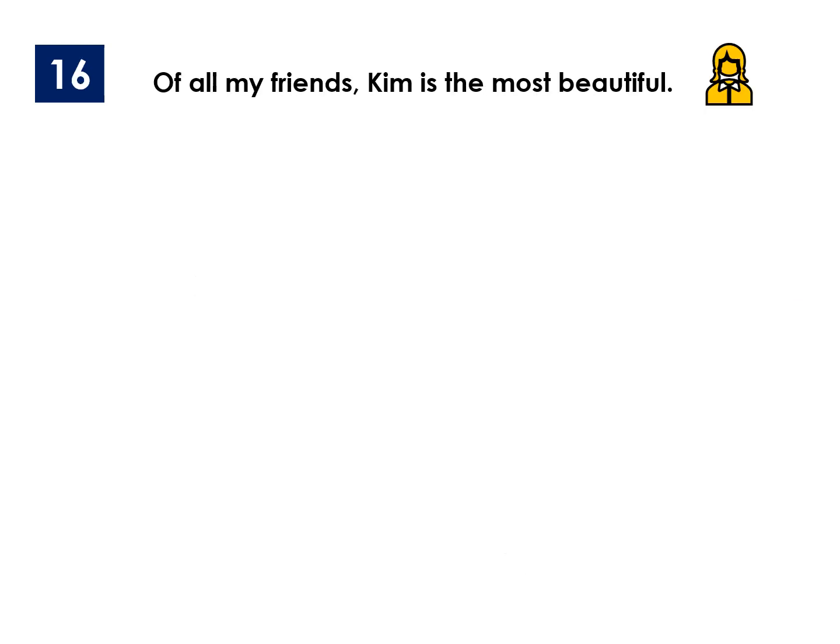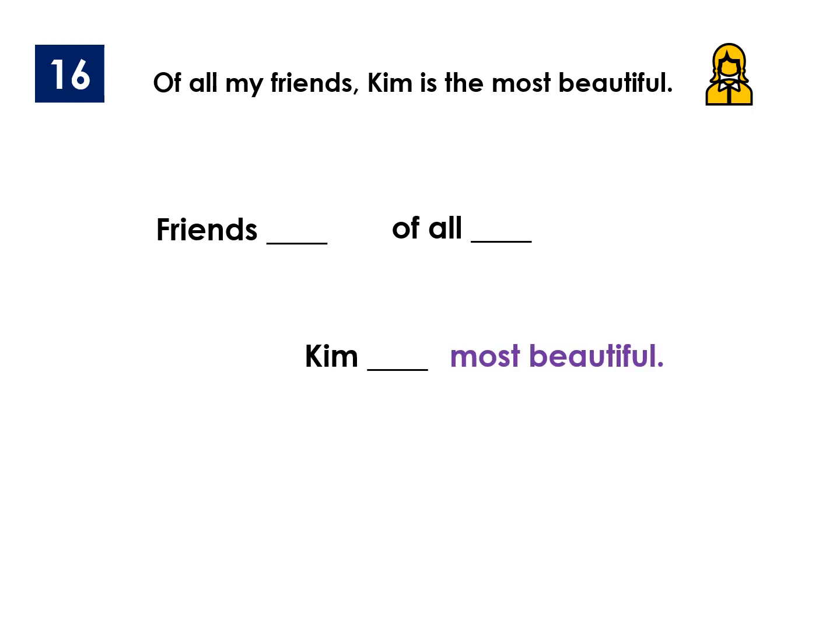Next sentence, of all my friends, Kim is the most beautiful. The elements are friends, of all, Kim, and most beautiful. Of all my friends is the domain and takes the construction no naka de. So friends takes the particle no, and of all takes the particle de to indicate scope or domain.